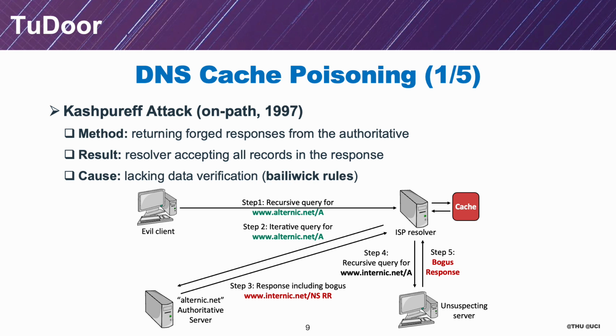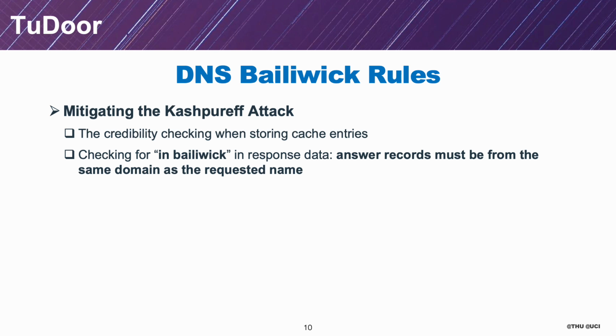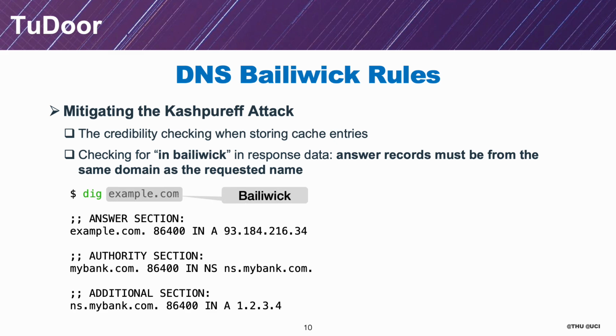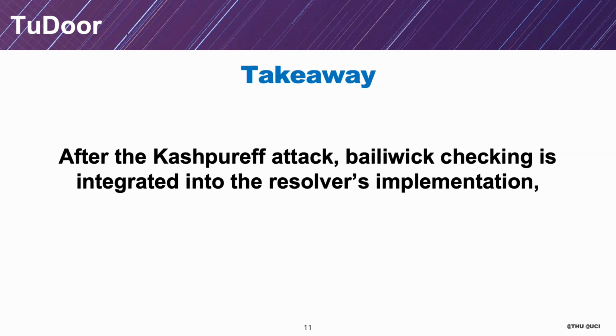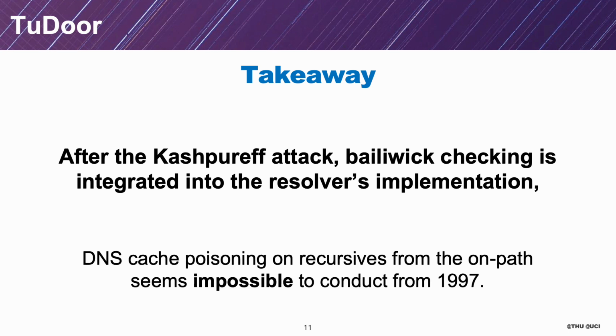So the root cause is that there is a lack of data verification for responses. To mitigate this attack, bailiwick checking was proposed: only answers from the same domain as the request name are acceptable. For instance, example.com is in bailiwick, whereas mybank.com is out of bailiwick and should be removed. After that, bailiwick checking is widely implemented, and on-path DNS cache poisoning seems impossible.